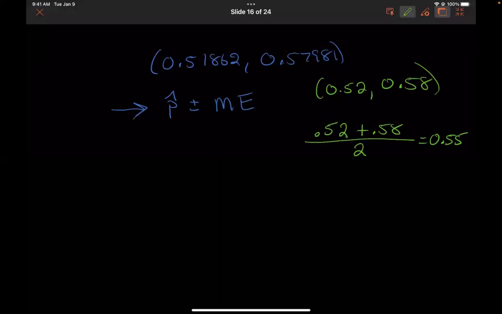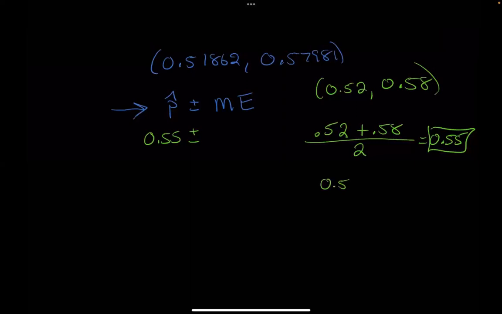That's my p hat. All right, but I still need the margin of error. Can't I just take 0.58 and subtract my p hat to get that margin of error?